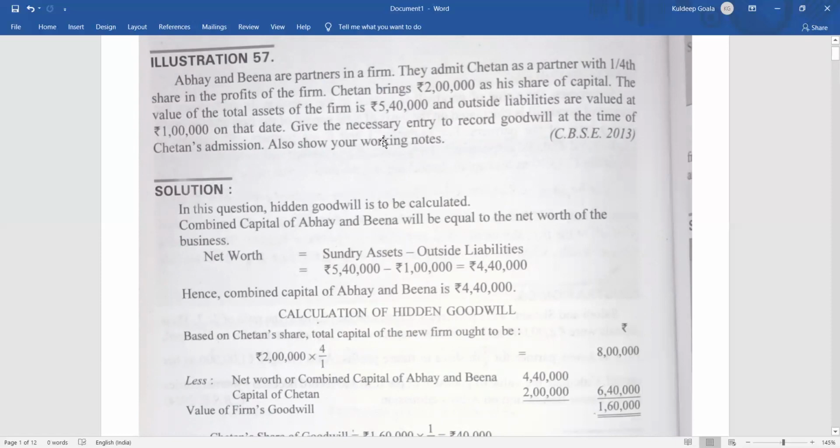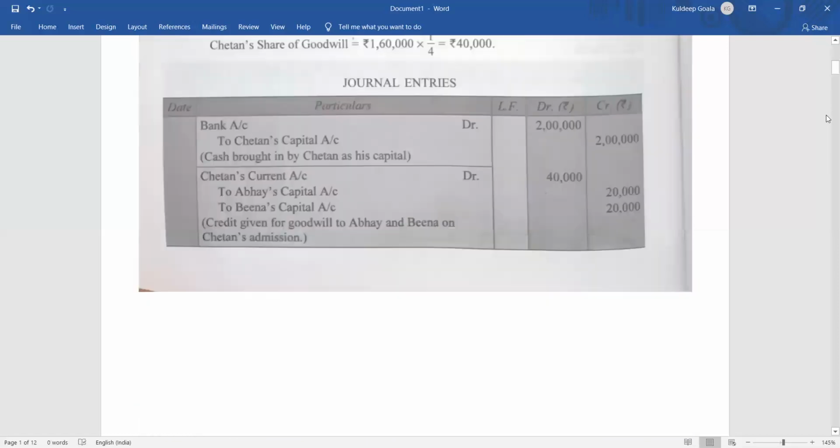But we know if the existing ratio is not mentioned, then it will be equal. Remember, okay, it will be 1:1. Clear? So Abhay and Bina's share will be 1:1. And now after the admission, they are going to share equally, that is 1:1. Clear? Okay.